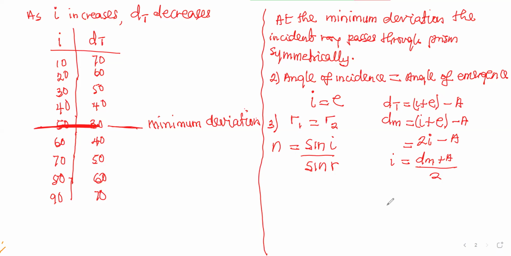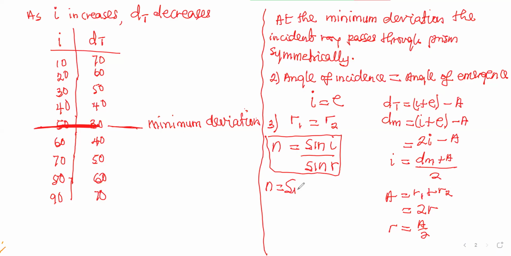So what will happen is that A, which is equal to R1 plus R2, will just be equal to 2R, because R1 is equal to R2, so they are all equal to R. Therefore, R is equal to A over 2. So you substitute whatever you made for I and R into this equation to find the refractive index.